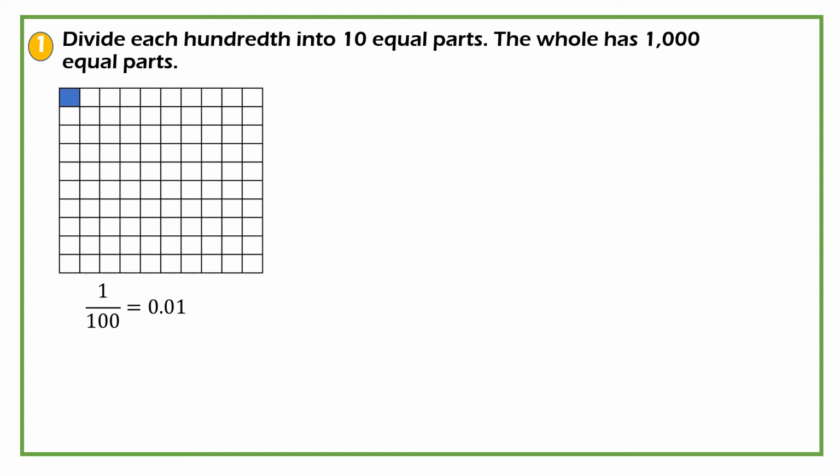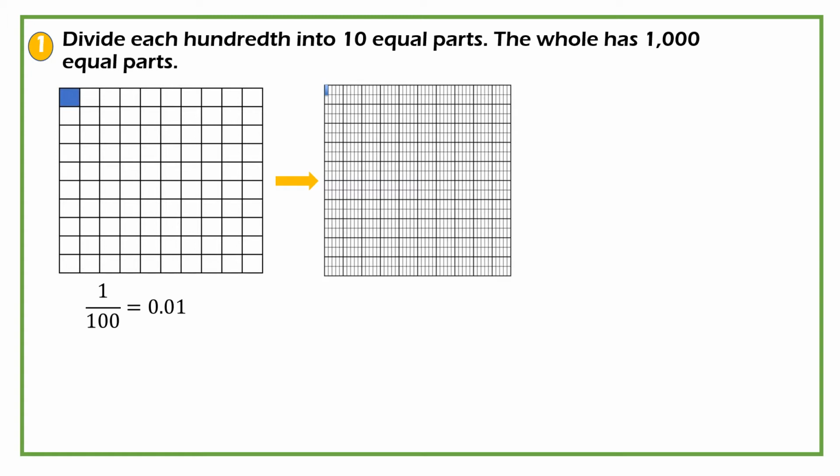Now, these 100 equal parts, we can divide them again, so that each part is divided into 10 equal parts to come up with 1000 equal parts.